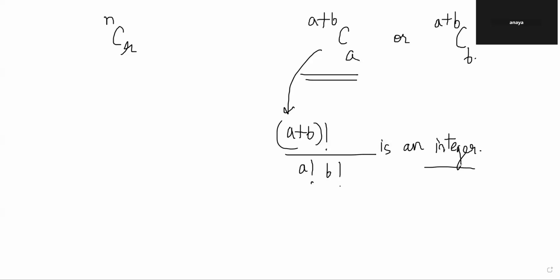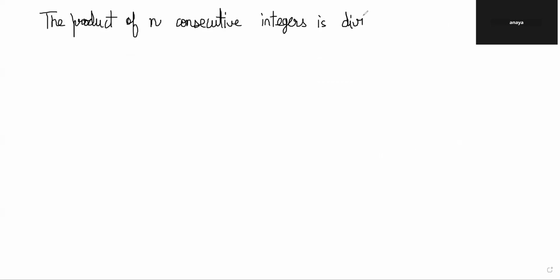Okay. What about the next one? The next one was prove that the product of n consecutive integers is divisible by n factorial. So for this one, you can write n factorial as n times n minus 1, n minus 2, and so on.